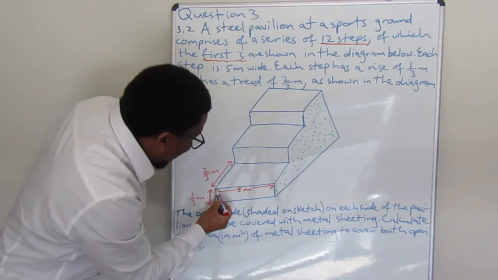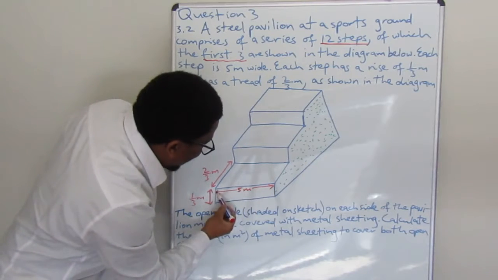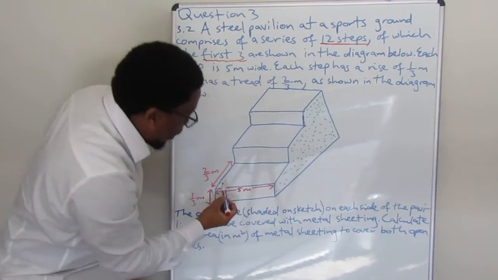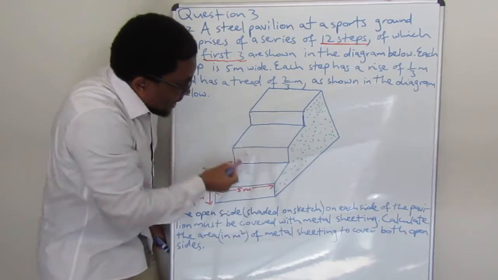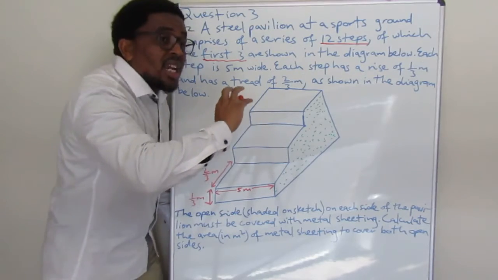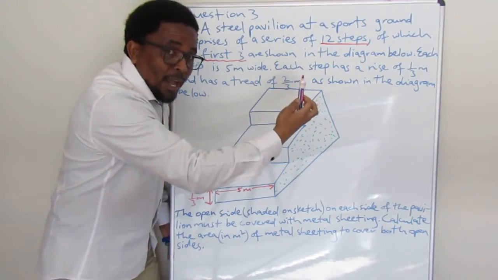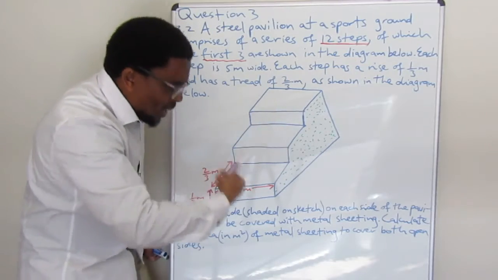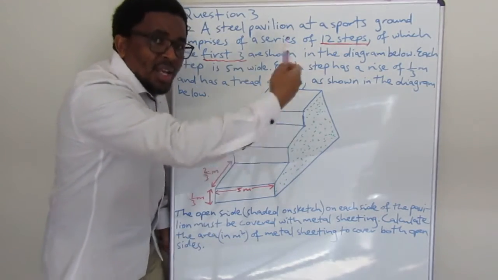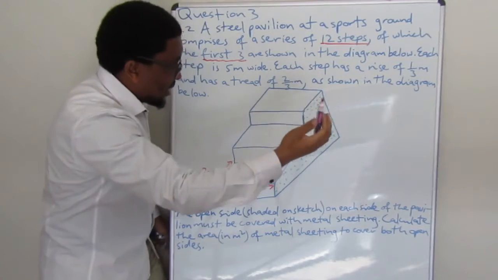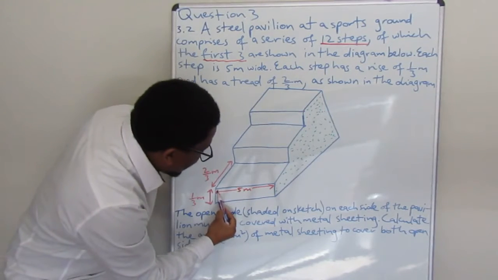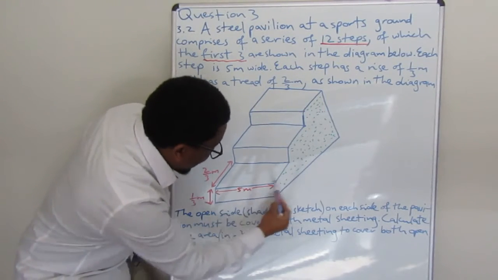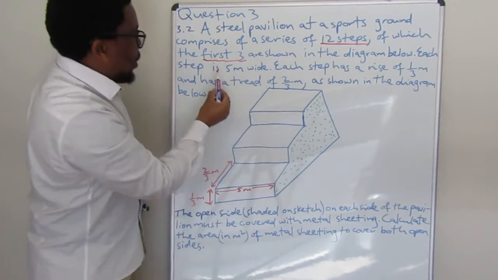The first step here is 5 meters wide. So here you can see that the diagram is in a 3-dimensional plane. I have length, I have breadth, I have height, for example. So this is the width of this. It's 5 meters. That's number 1.